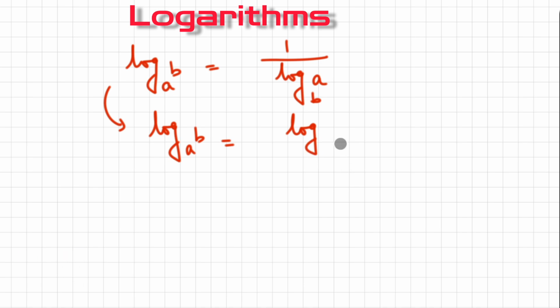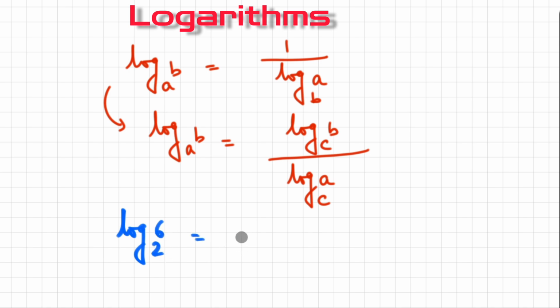Or if it is written log a b, we can change the base to a constant c, and we will write log c b upon log c a. Okay, and always remember that the base will come to the denominator when we are changing the base.